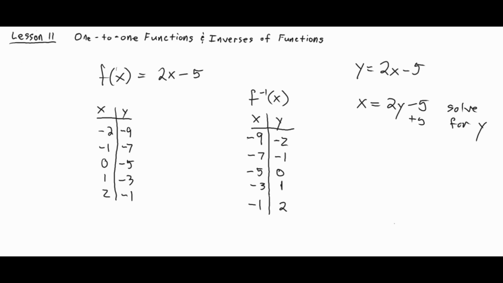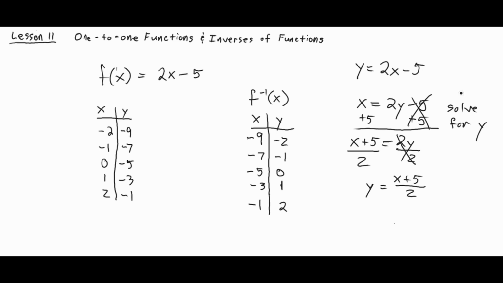So I'm going to add 5 here, and add 5 here. I wind up with x plus 5 equals 2y, since the 5s cancel. Now I'm going to divide by 2 on both sides, and this cancels, and now I have it: y equals (x plus 5) over 2.